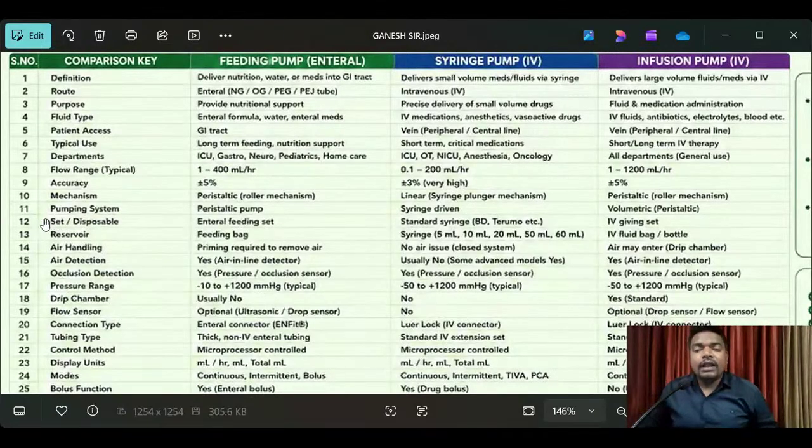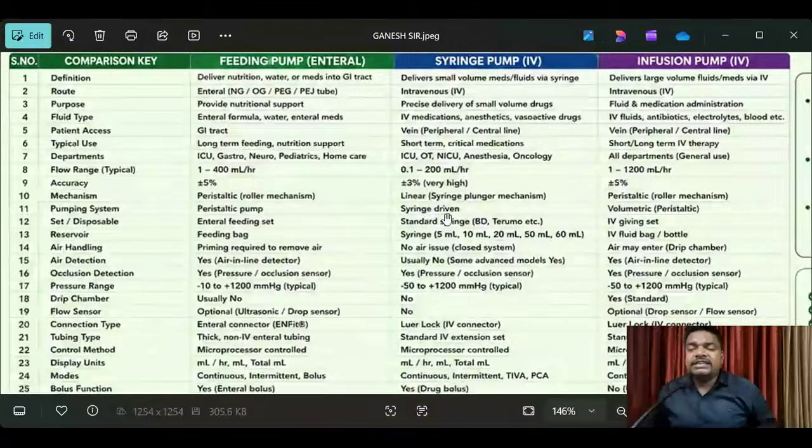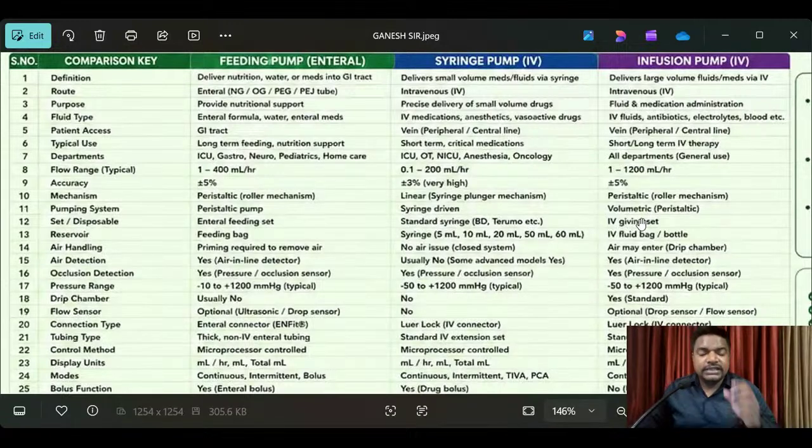For the feeding pump, peristaltic pump. For the syringe pump, syringe driven. And for the infusion pump, volumetric peristaltic. If you want to become a specialist in medical equipment, or a biomedical engineer, all this basic information is important.